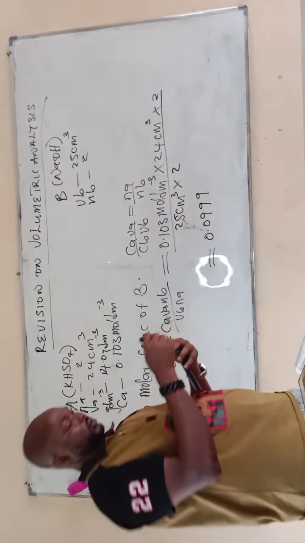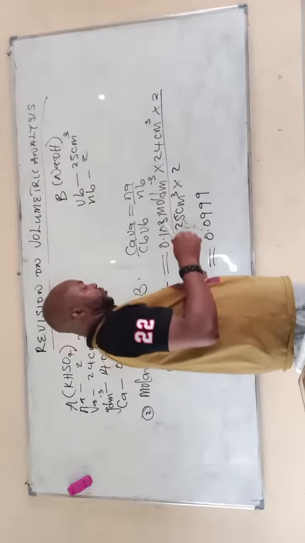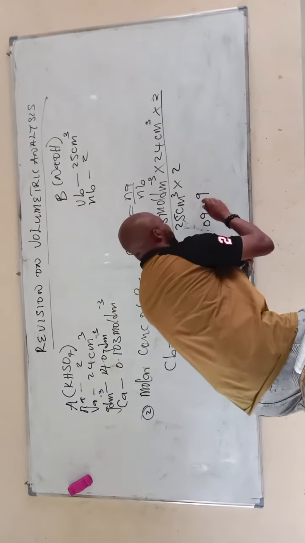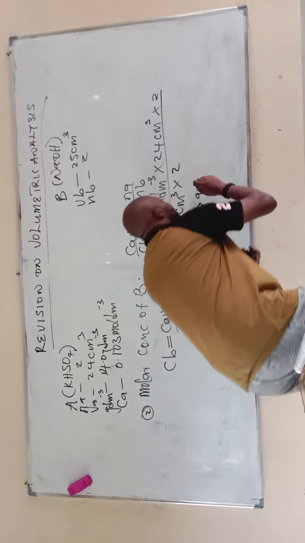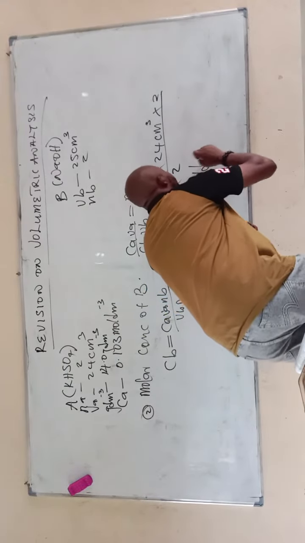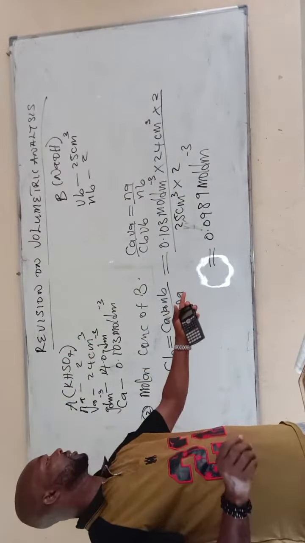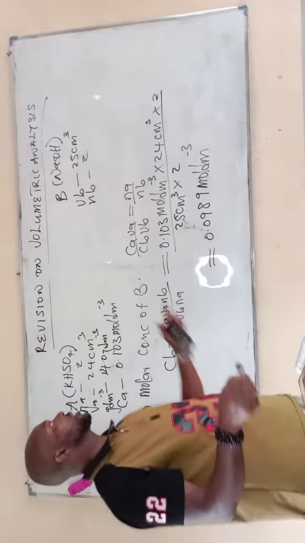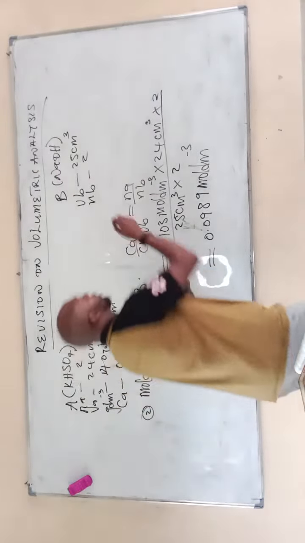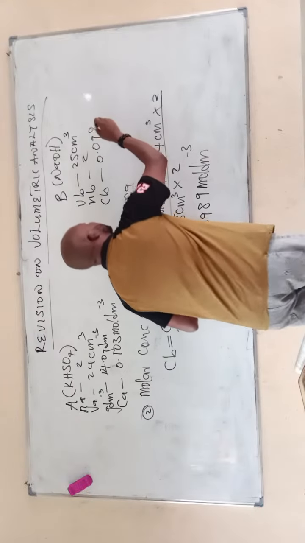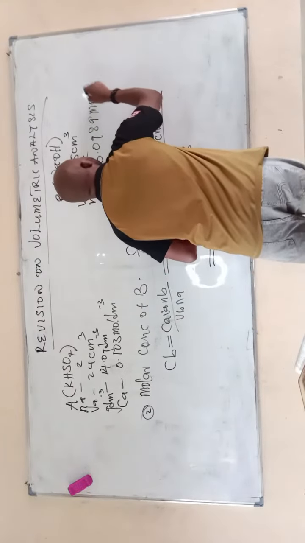Okay, that is it. Oh, come on, I have 0.0989. This is it. Now the unit is mole per dm³. Now, in this sense, I have gotten my concentration of the base. So I'm going to write it as CB, which is 0.0989 mole per dm³.